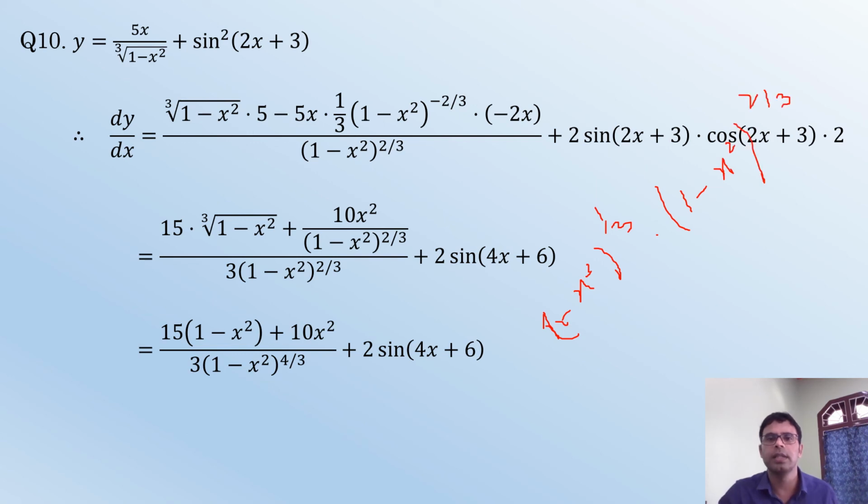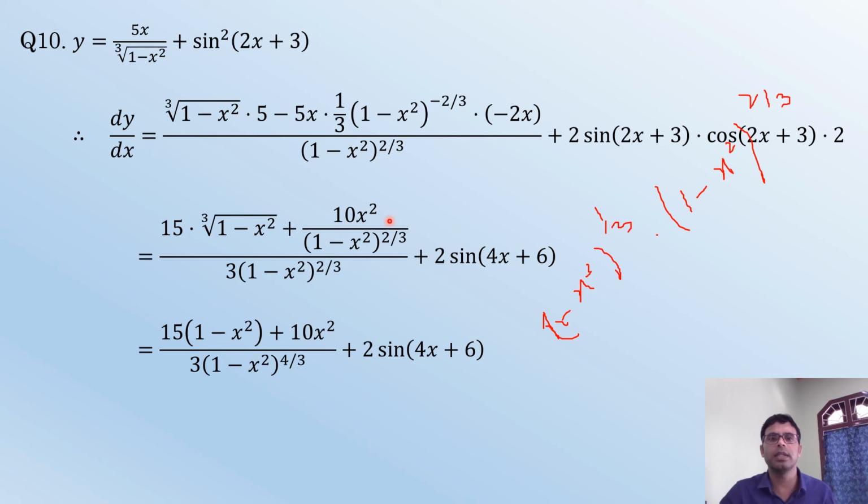If you take LCM of this, then this into this, and the bases are the same, therefore 1 by 3 plus 2 by 3 is 3 by 3, meaning 1. So it is 15 into (1 minus x square) whole power 1 actually. So you need not write that one.